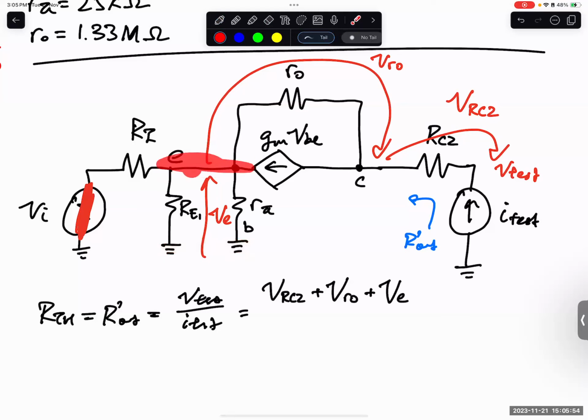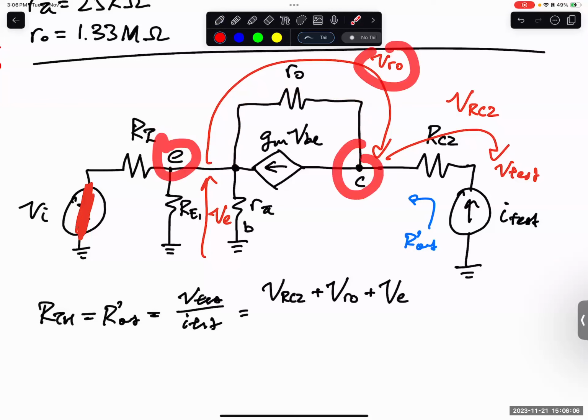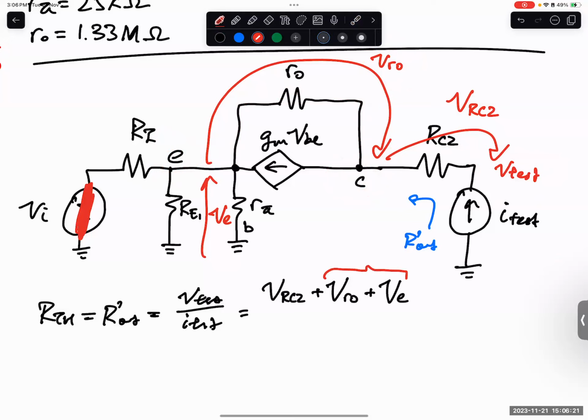What's the difference between E and C? The voltage across here is the same as the voltage across R0, correct? So from here you add VR0, it's actually C, which is VC. Once you get VC, you add the voltage across this resistor, you get V test, correct? Yes. Okay, then that's it. This is VC.